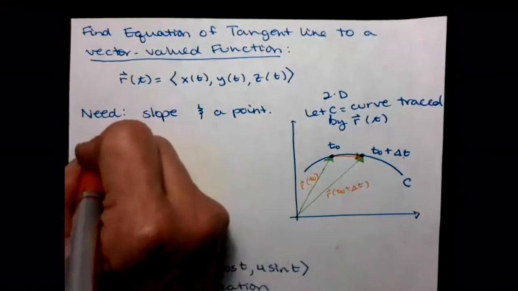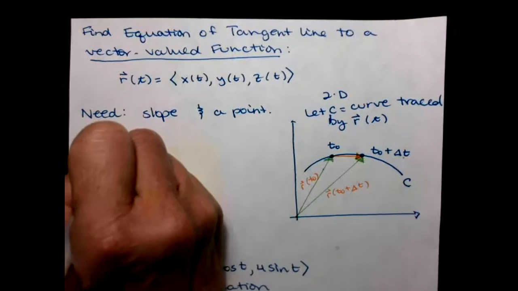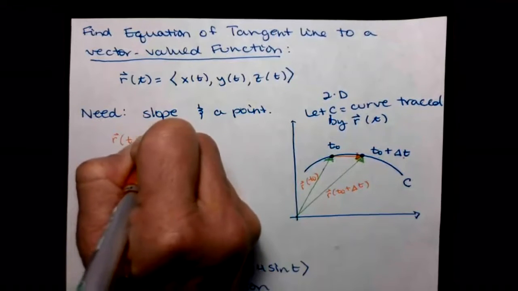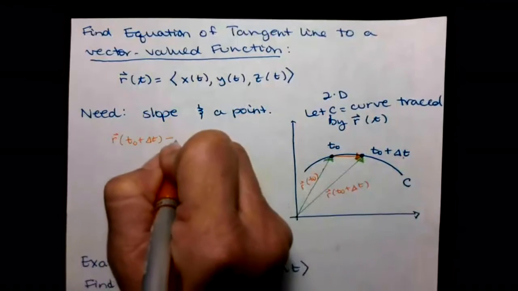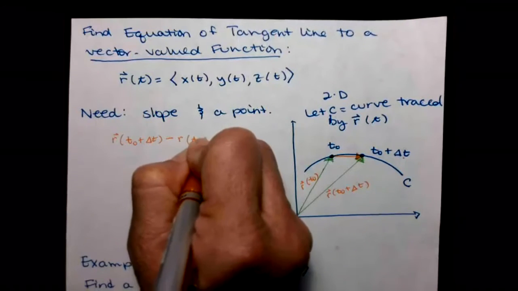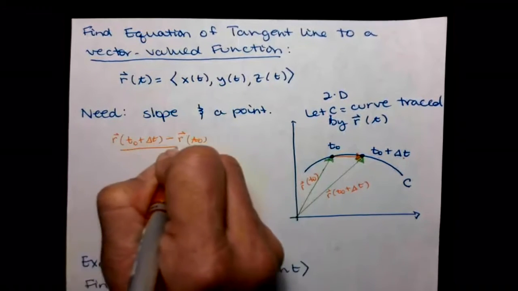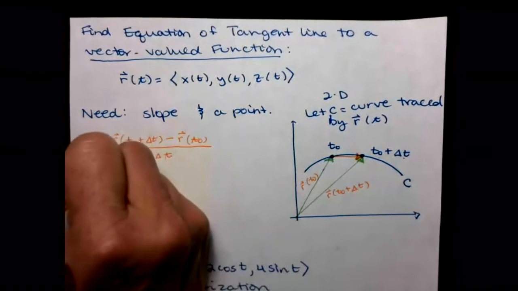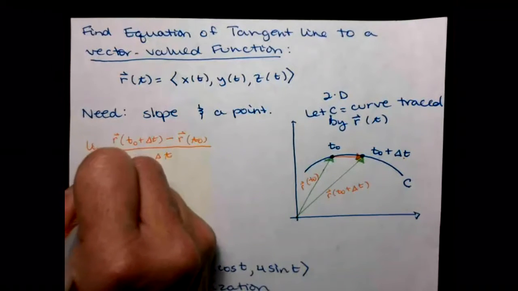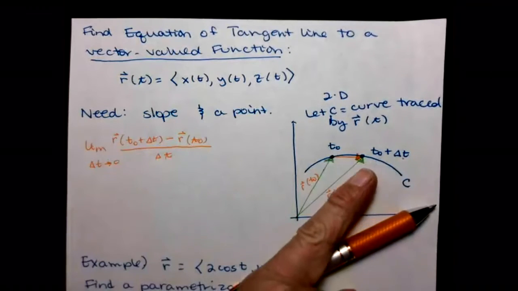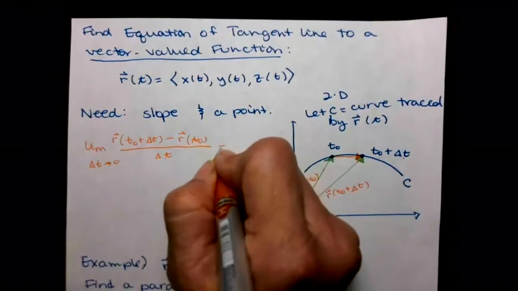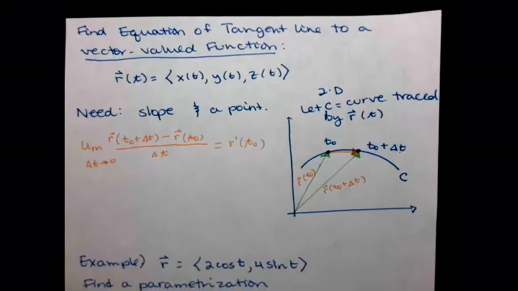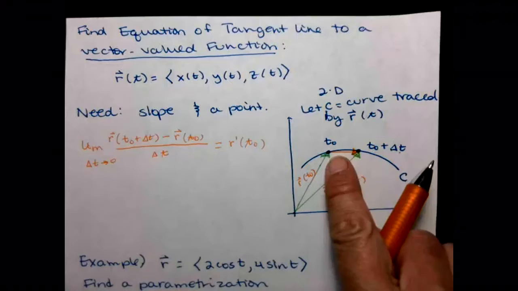So we want to take r at t naught plus delta t, minus r at t naught, divided by delta t. As we take the limit as delta t gets really small, as we swing this second vector in closer to the first one, what we get is the derivative, r prime at t naught.